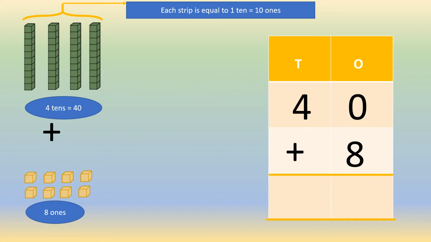So by addition, you know that we are going to add by forward counting, but this is a very big number. So there is another method of doing this by adding the digits in the ones and tens columns individually. Starting from the ones column, 0 plus 8 will be 8, and since there is no digit below 4 in the tens column, we are going to bring down the 4 as it is. So our answer is 48.